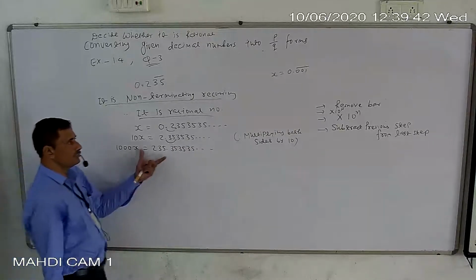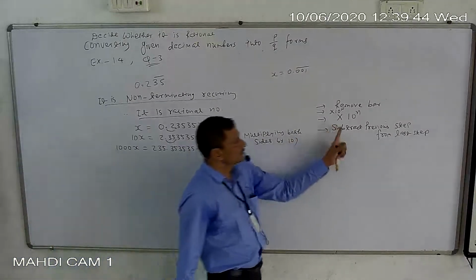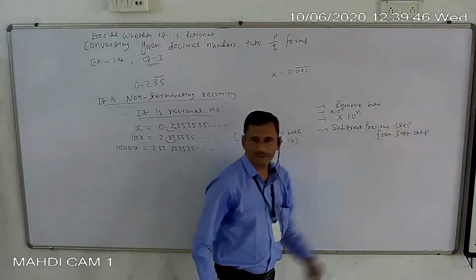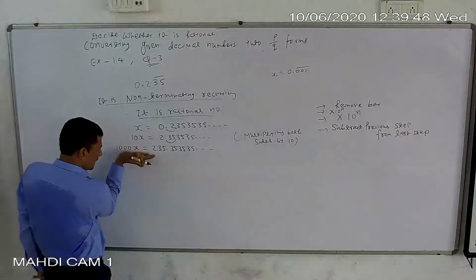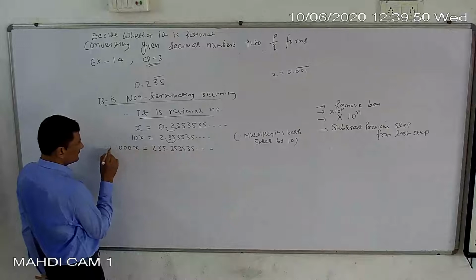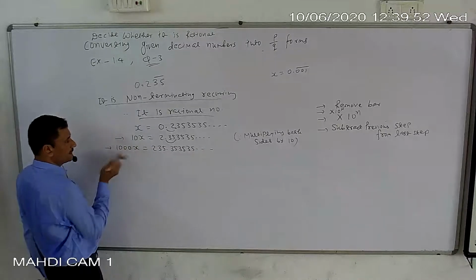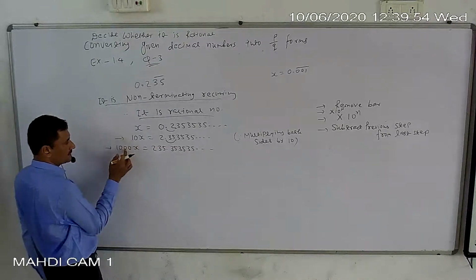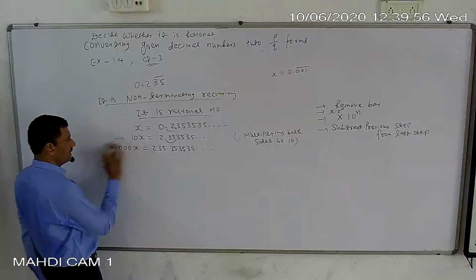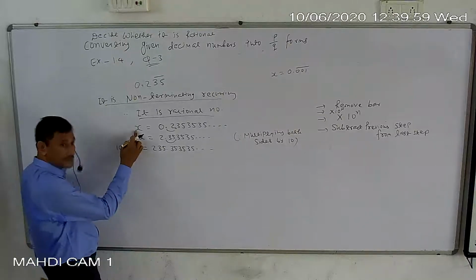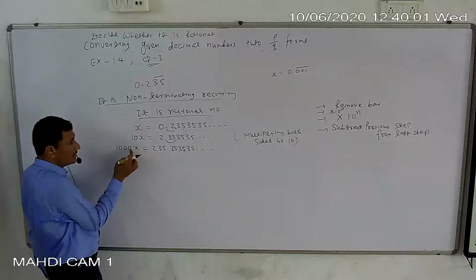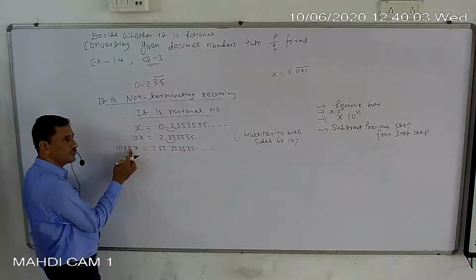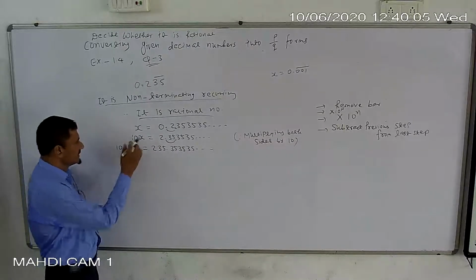Now subtract the previous step from the last step. So this step is subtracted from this, this minus this. Not the original one, not the given one, but the second last is always subtracted from the last.